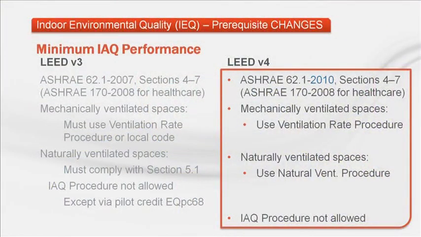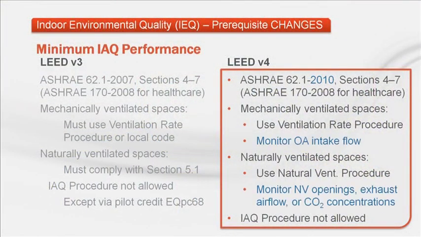The second major change to this prerequisite is that it now requires monitoring. In the previous version of LEED, outdoor air delivery monitoring was a credit worth 1 point. In version 4, the monitoring part of that old credit is now required as part of this prerequisite. For a mechanical ventilation system with variable airflow, this means you need to directly measure outdoor airflow, like with a Trane Traq damper.